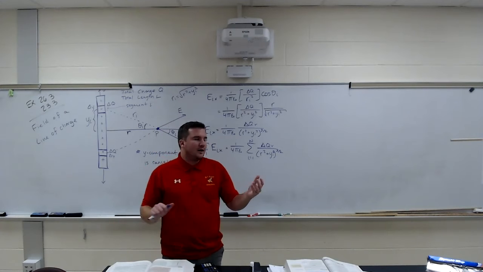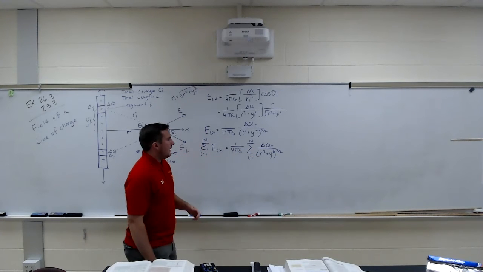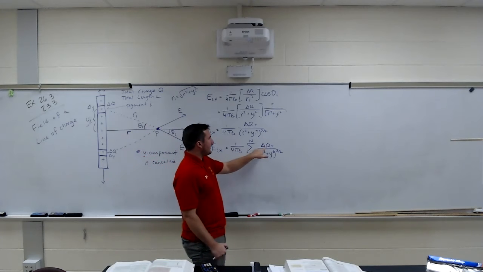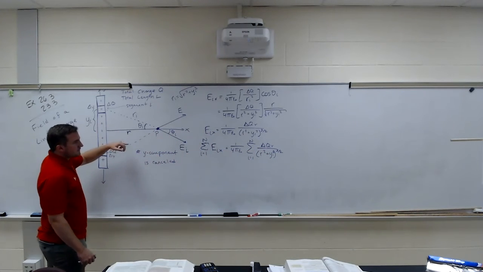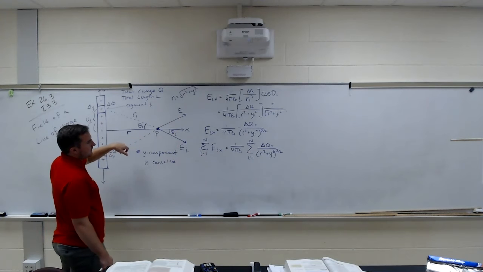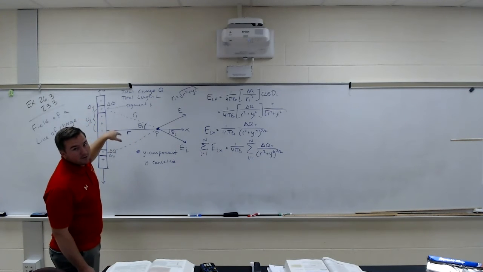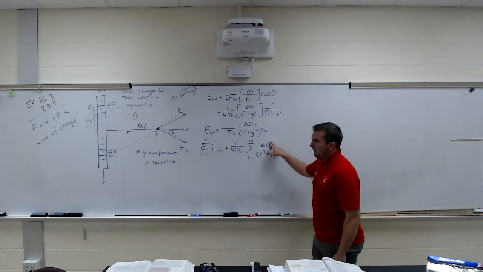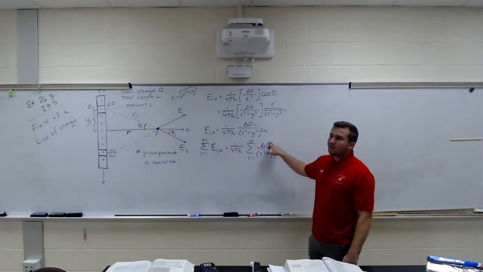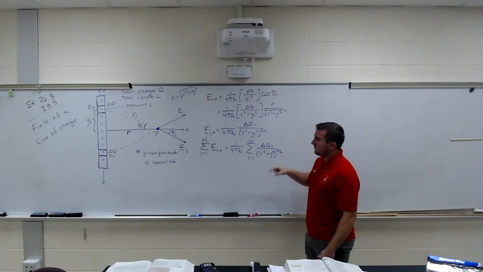It's not geometric, right? Delta q is a charge. We can't integrate over it. So we need to turn this into something that we can integrate over, right? Either x, since we can integrate over length in the x, or y, since we can integrate over length in the y. In this case, we're going to integrate over length in the y. So we need to get this delta q out, and replace it with a delta that we can integrate with.